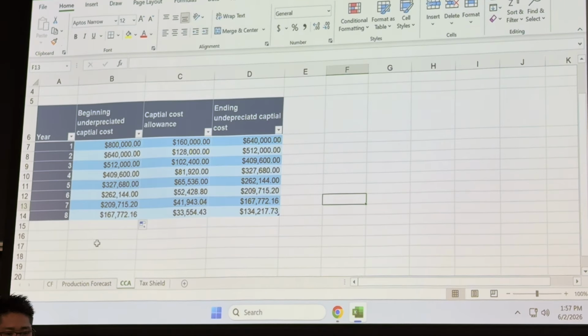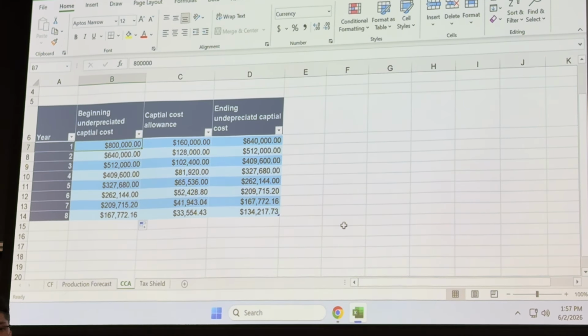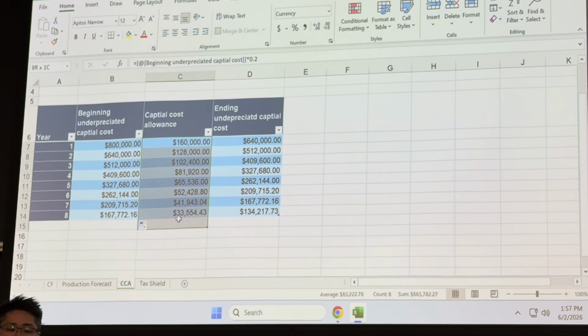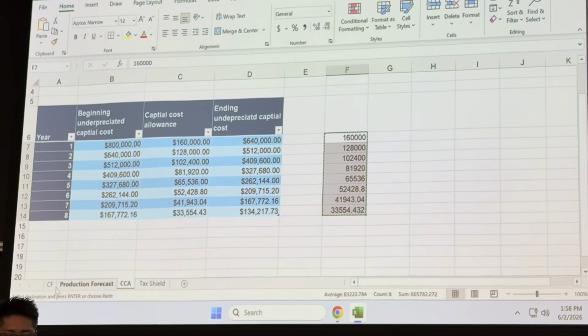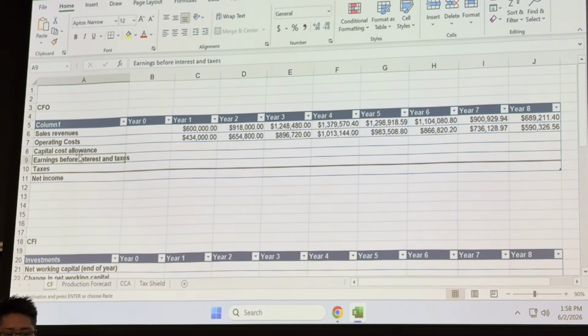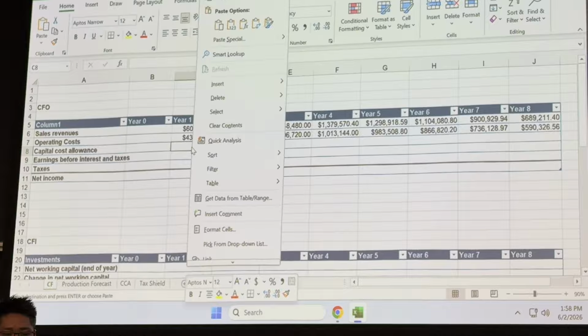Okay. So make sure you can replicate this depreciation table. All right? This is important because ultimately what we're trying to figure out here is the depreciation amount, which is in the middle here. So what we can do is copy and paste the depreciation amount in this table with the CCA starting year one.